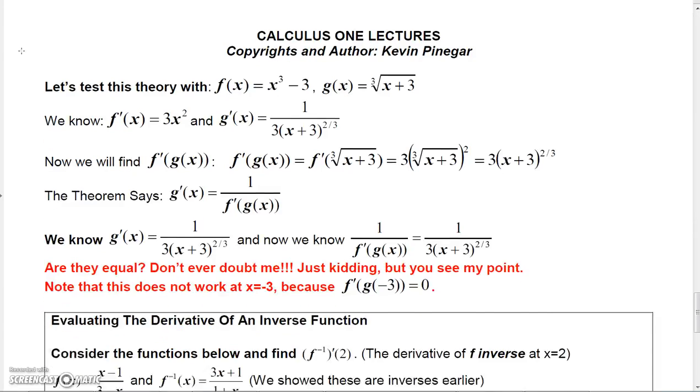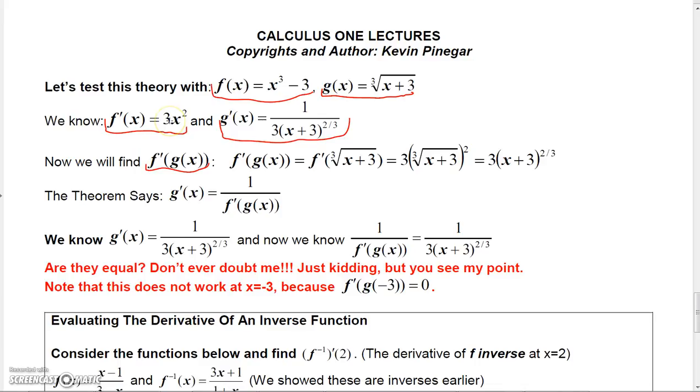Okay, so let's put this in perspective. Now, we know these 2 functions are inverses of one another, correct? Well, the derivative of f is 3x squared. The derivative of g can be found to be 1 over 3 times x plus 3 to the 2/3 power. Now, let's find f prime evaluated at g of x.